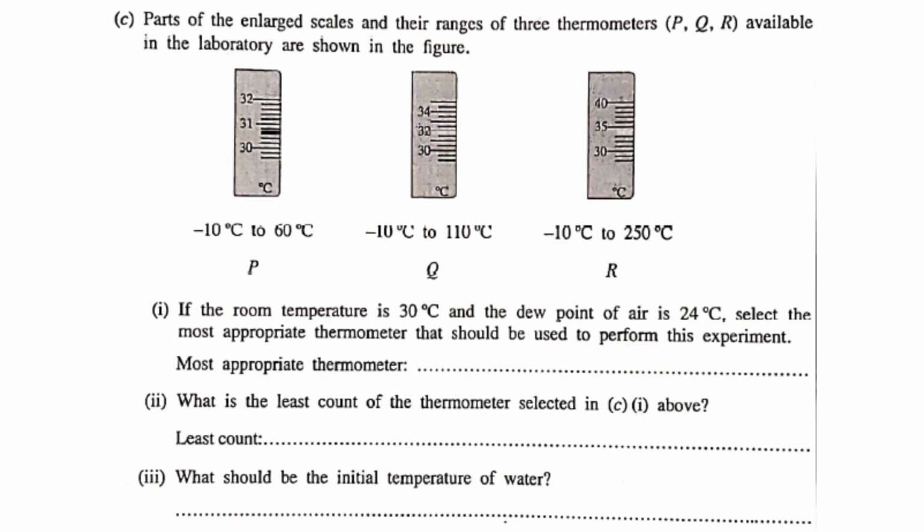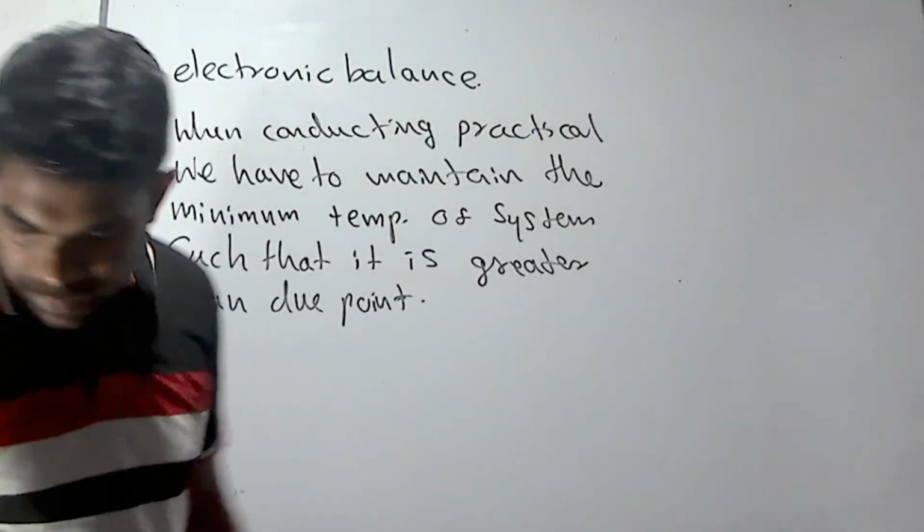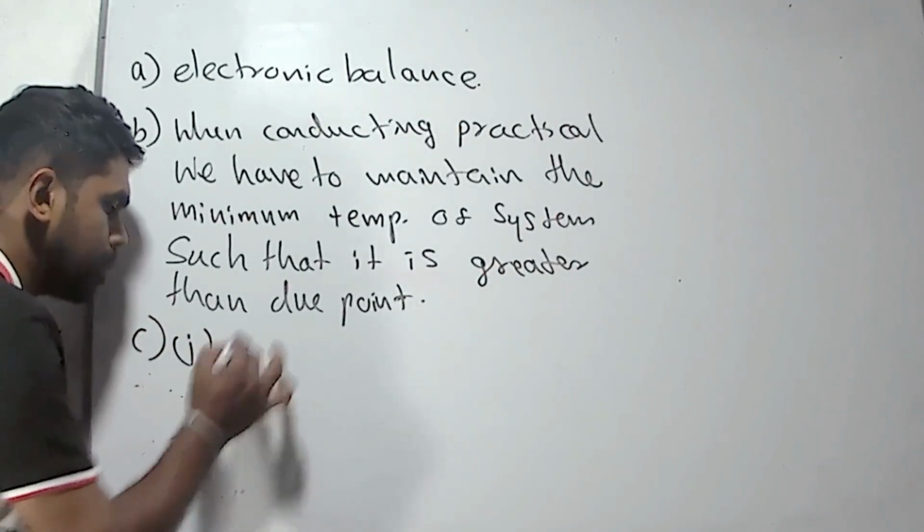Part 1, if the room temperature is 30 degrees and dew point of air is 24 degrees, select the most appropriate thermometer that should be used to perform this experiment. We have to use the P thermometer.